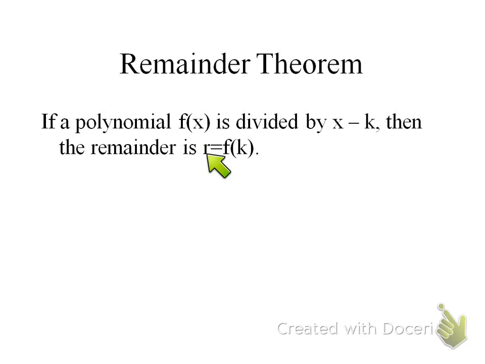When the remainder was 0, that's like saying that if you plugged k into the function, you would get a 0. If the last number was 7, that means if you plugged k into the function, you would have gotten a 7. So we already kind of learned this. It's saying whatever the last number is, that's the answer if you plugged k into the function in the first place.